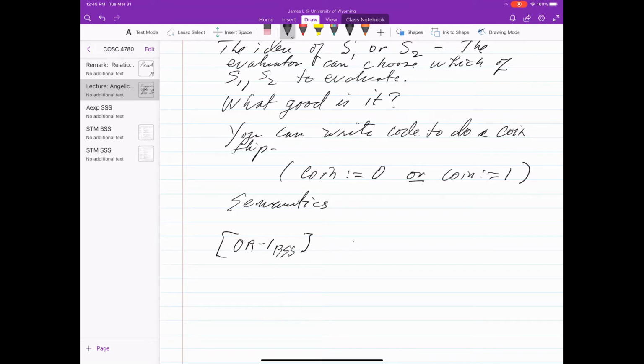And that basically says, look, if you have S1 or S2, and you're evaluating it in state S, that's going to go to S prime if S1 in state S goes to S prime.